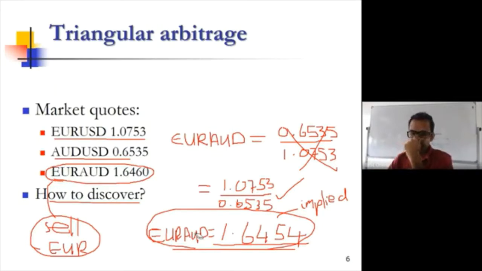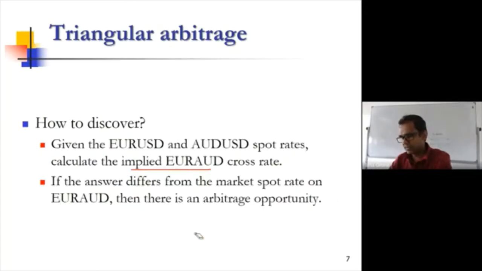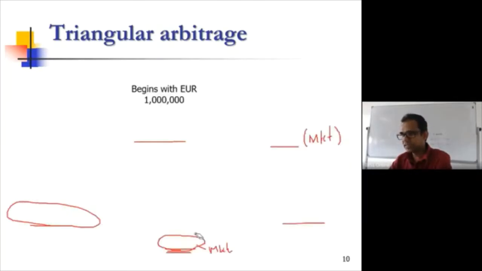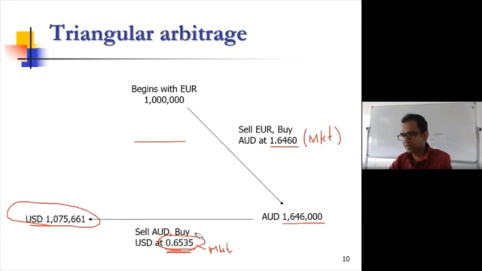First identify whether there's any arbitrage opportunity. Then identify which one is cheap and which one is expensive. Sell the expensive one and buy the cheap one. Here, in this example, you may remember what is expensive is the euro Australian dollar cross rate.